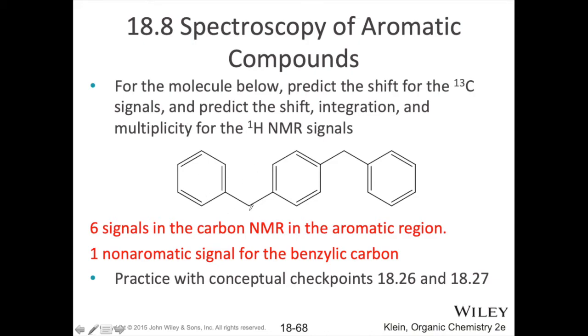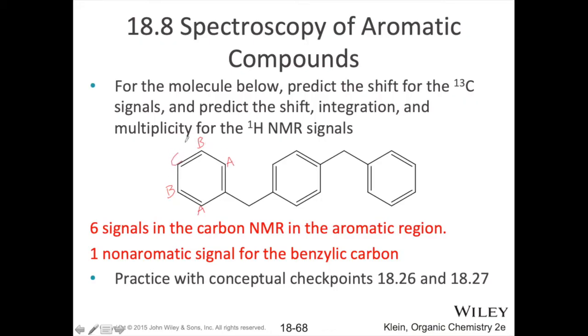This carbon over here is non-aromatic. That's going to show up in the sp3 carbon range, okay, for that benzylic position. But the remaining 6 carbons, so these are symmetrical. I'll just call them carbons A. Okay, and of course they're the same here. These 2 here are going to be equivalent. So carbon B and this is carbon C.